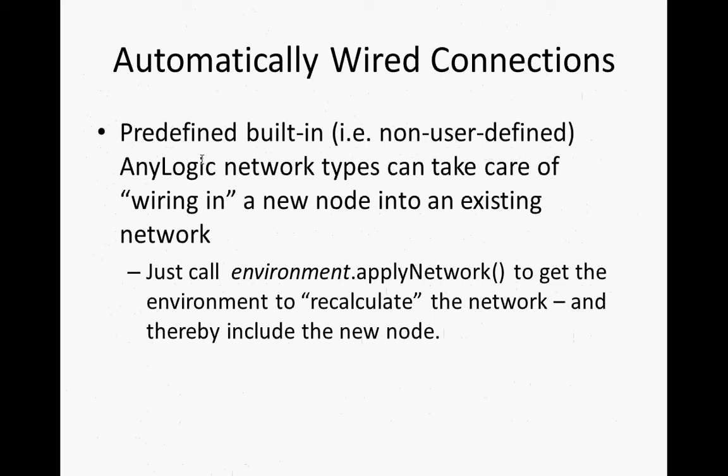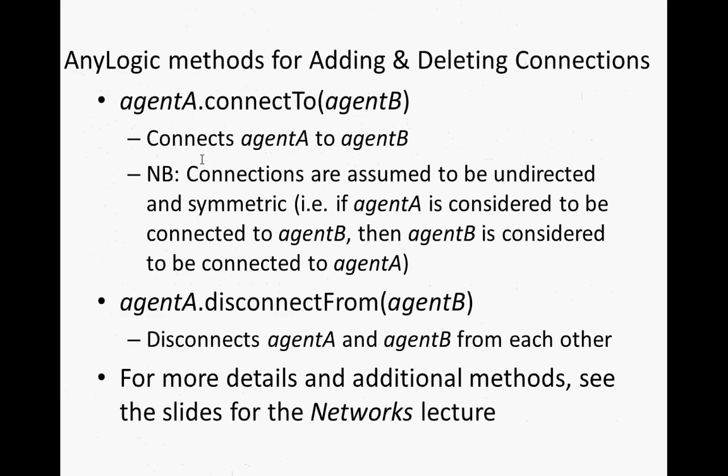So you can tell it basically to reform the network considering the updates, and it will do so. And these are some of the methods for connecting people. Agent A.connectTo(agent B), for example. Note that the connections are assumed to be undirected and symmetric. So if A is connected to B, B is connected with A. That's built in. You could build asymmetric networks. You could build networks with directed instead of undirected connections.